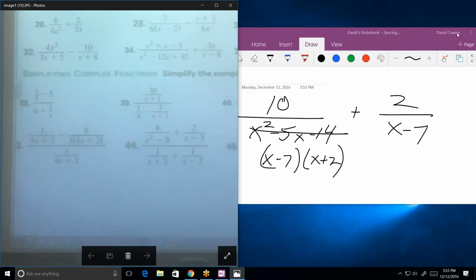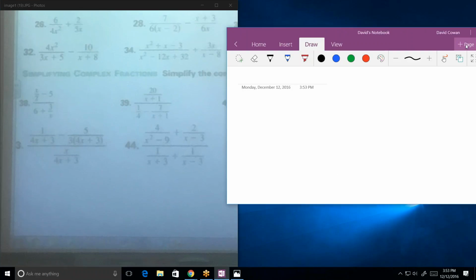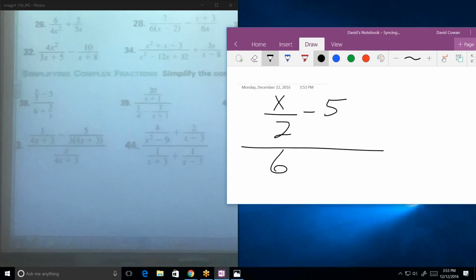Let's do one of these at least. In fact, these all look tough when you first look at them, but what they are is just a lot of steps.